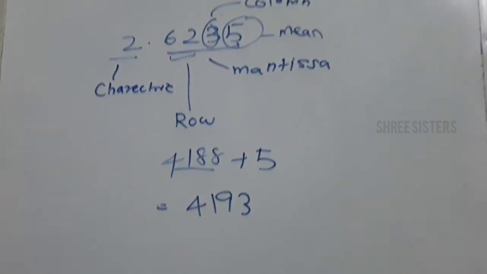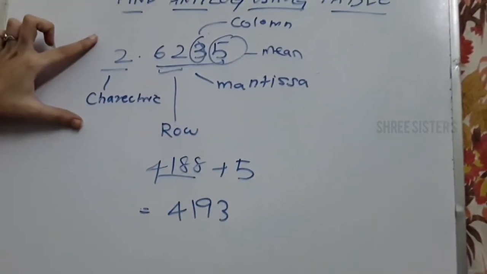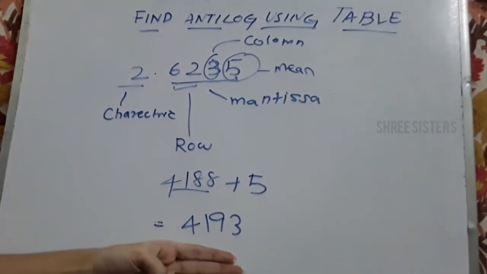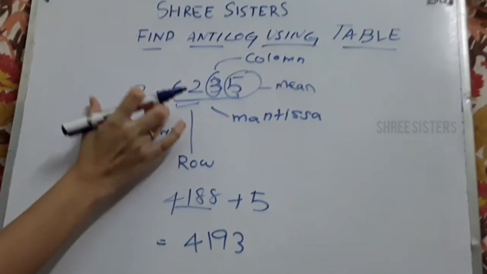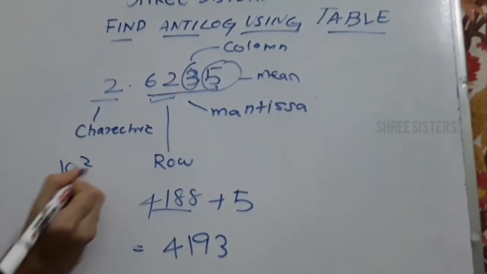Now unlike logarithms, we can't find the characteristic separately because we already have the characteristic here. From the characteristic only we will be able to find the characteristic of this particular number. How to find that? Now if the characteristic is 2, we know that the number is between 10 power 2 and 10 power 3.